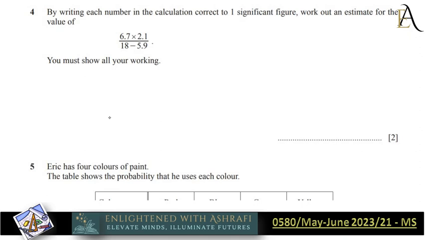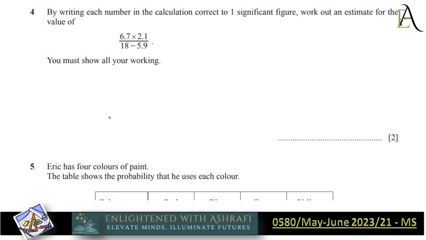Write each number in the calculation correct to one significant figure. Work out an estimate for the value of 6.7 times 2.1 over 18 minus 5.9. Show your working.